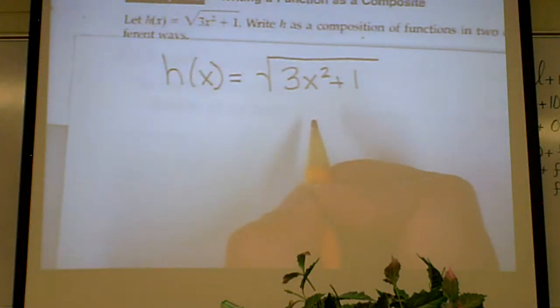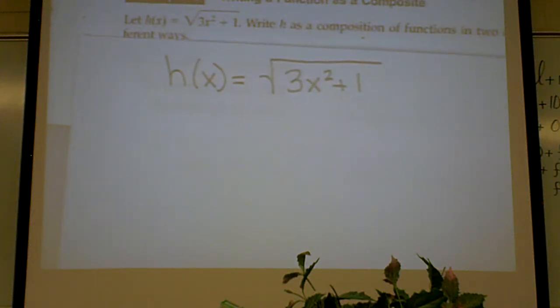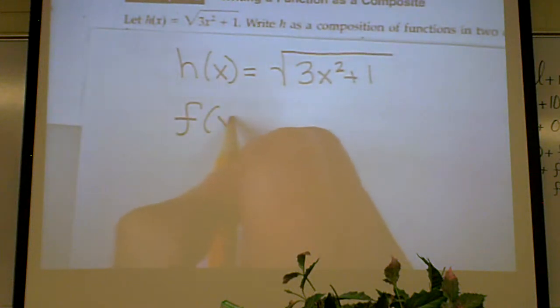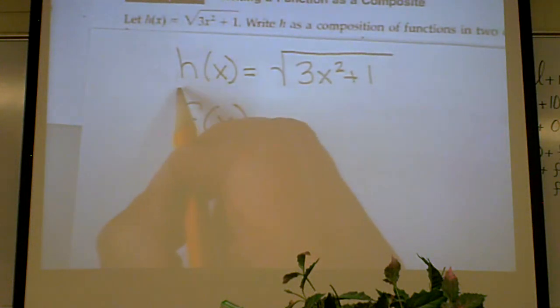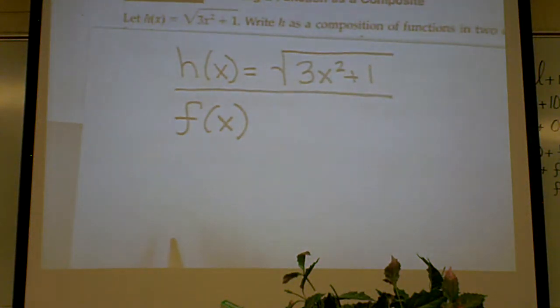And then I'm going to take the composition of those two different functions to get h of x. So, see if you can follow this. I'm going to use a different letter than h. H of x is given to you.